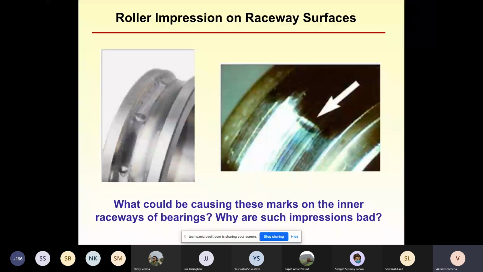Temperature? No, not the temperature part. Again, try to think. What can you see in the left side figure? What is strange? Are the ball marks in the middle or on the side?